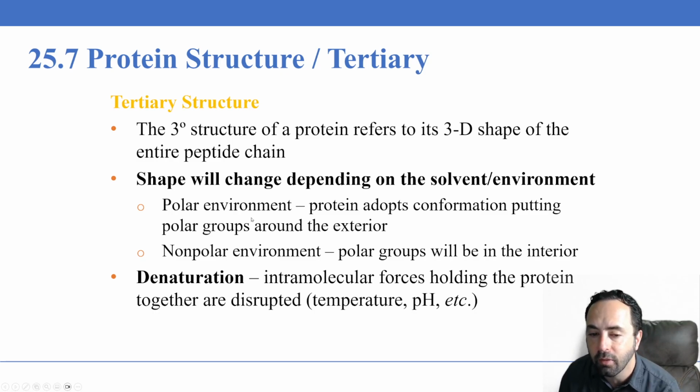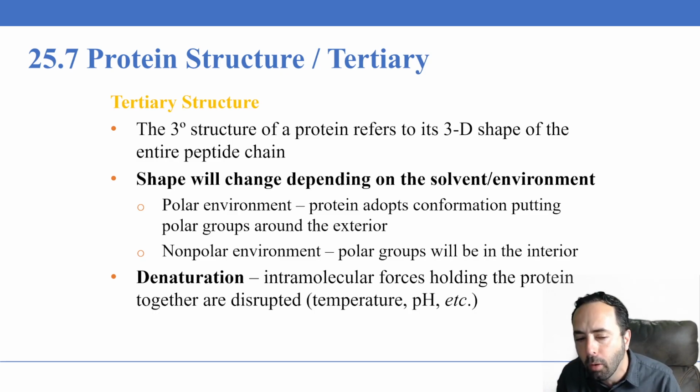The folding of this sequence of amino acids is like a ribbon folding in on itself, but the polar side chains are going to be pointing towards the exterior because they're attracted to water. And the non-polar side chains are going to be towards the interior of the protein because they will be attracted more to the other non-polar side chains than they are to water.